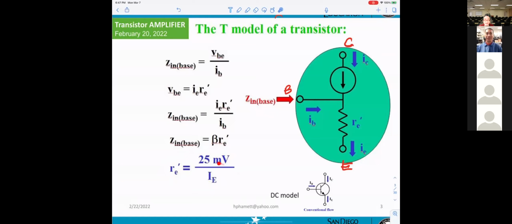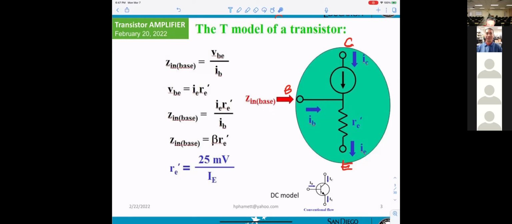If you want to get the value of R prime E, use this formula. So for the AC, we deal with this transistor. Also, they give you a formula here for Z in base.